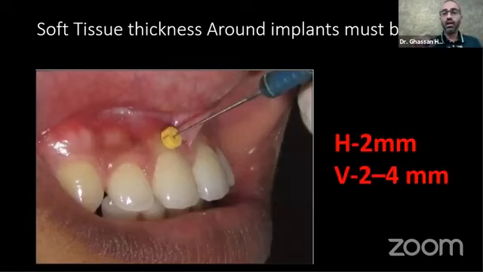Why? I should have a horizontal connective tissue width, or horizontal biotype, as we see from this file, of 2 millimeters, and a vertical dimension of soft tissue of 2 to 4 millimeters, to give an emergence profile to this case in the aesthetic zone.